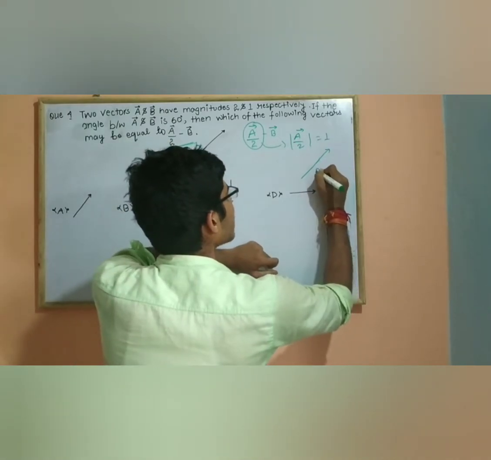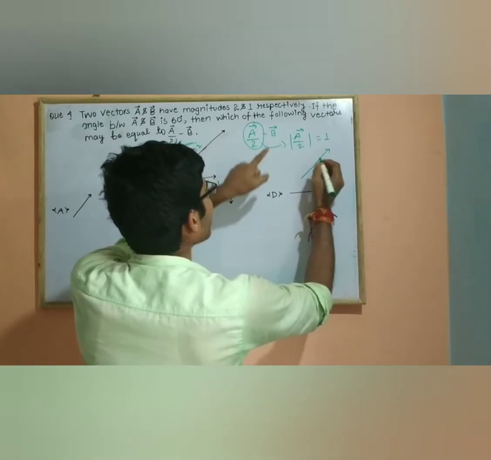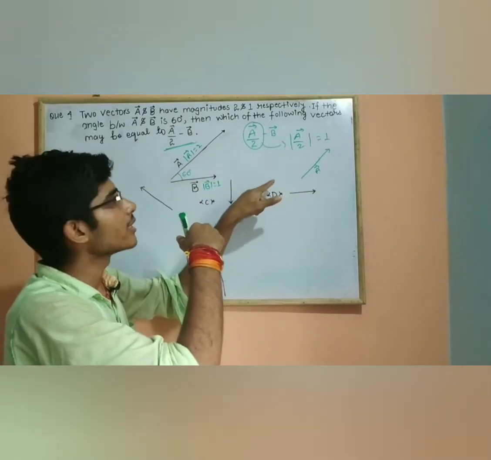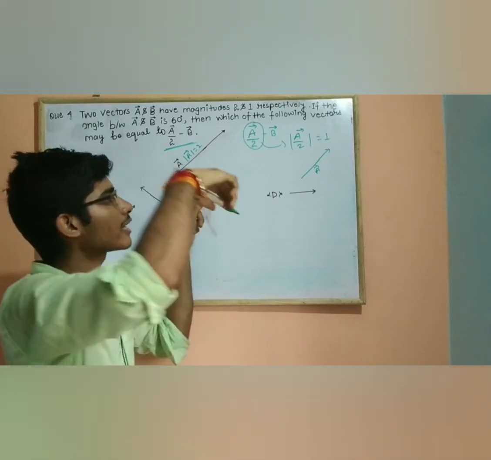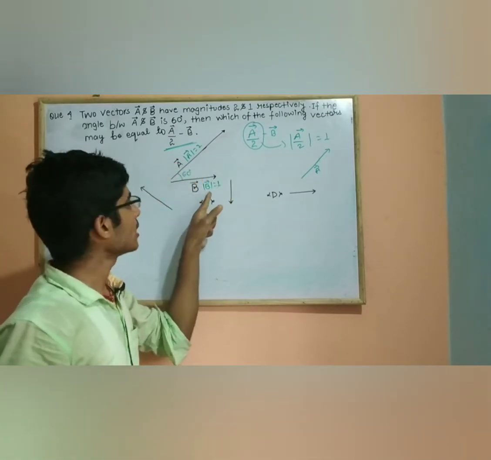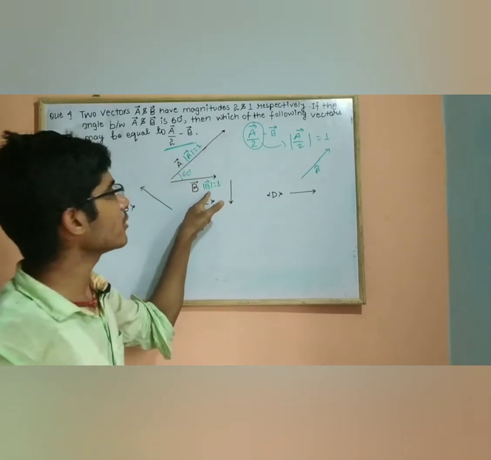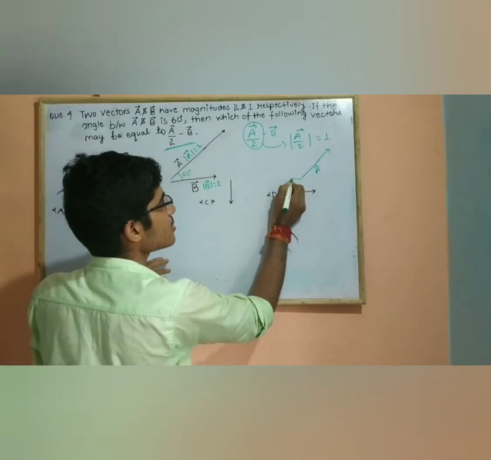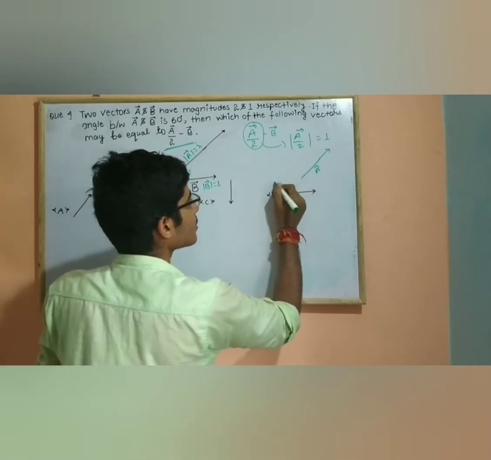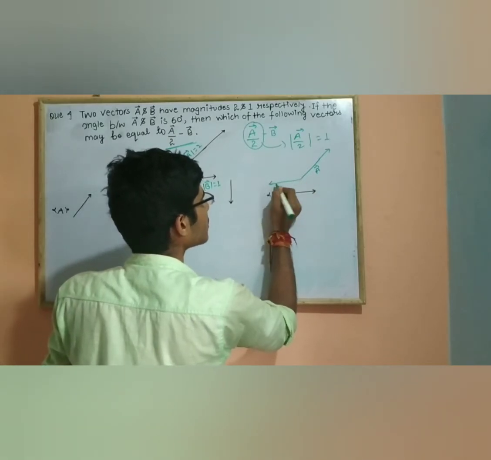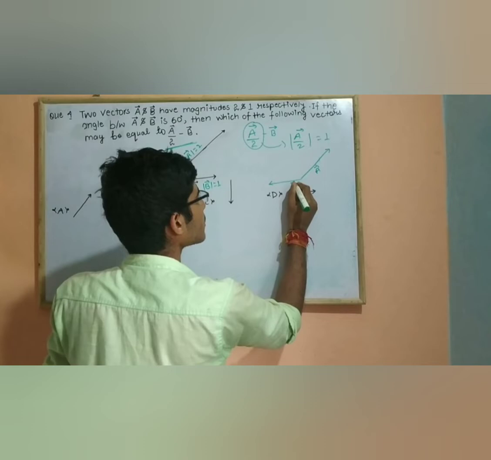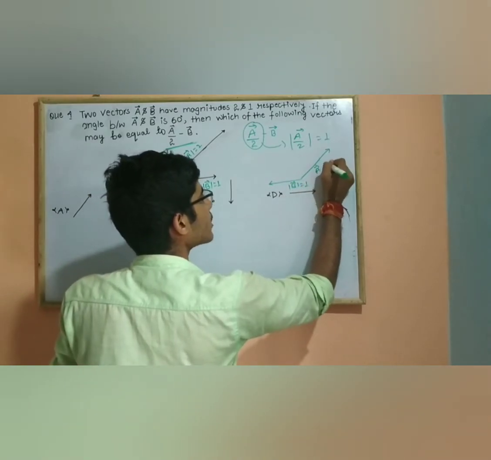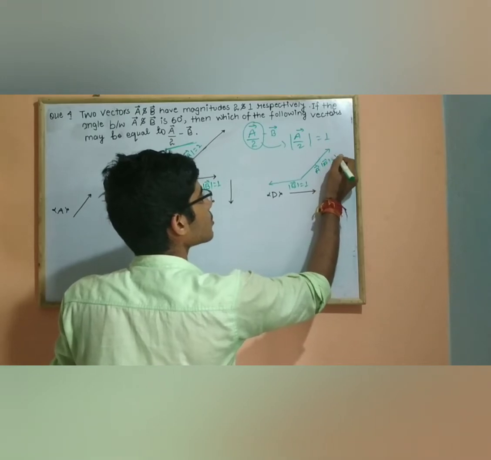So this is A vector, and minus B vector. Minus B means negative of B vector. Negative of B vector means the direction of B vector gets reversed. It will be like this. This is B vector, whose magnitude is 1, and its magnitude is also 1.